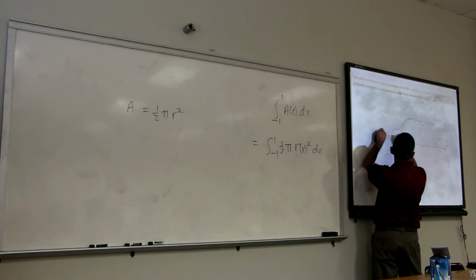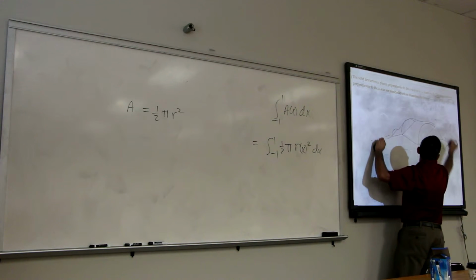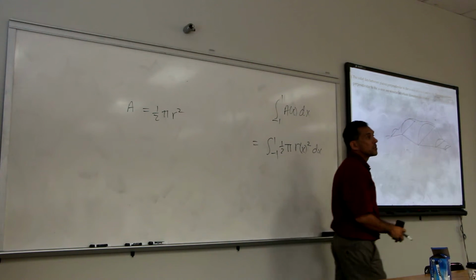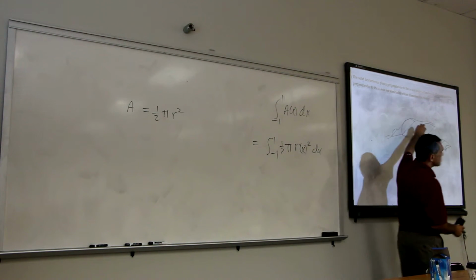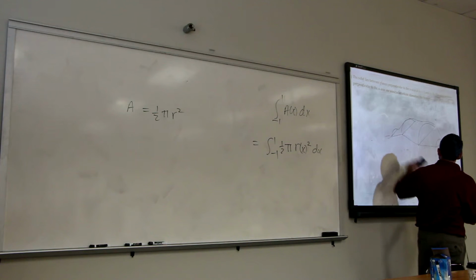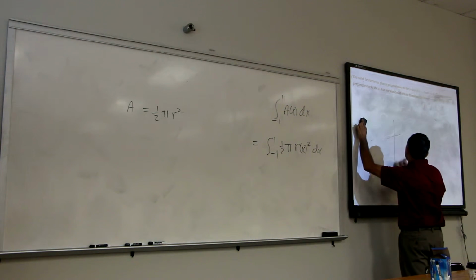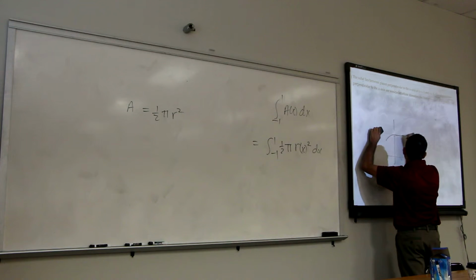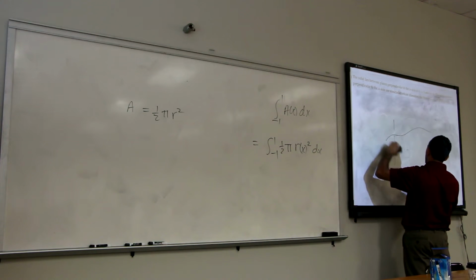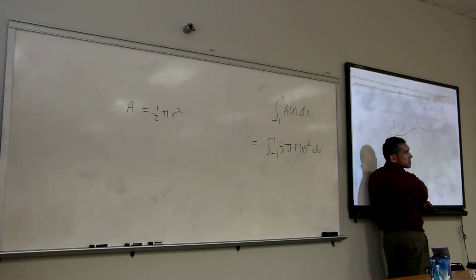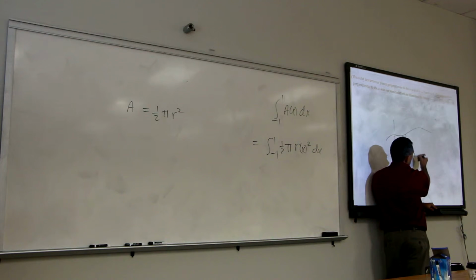So the semicircles are changing. But the envelope is telling us the diameter as a function of x.